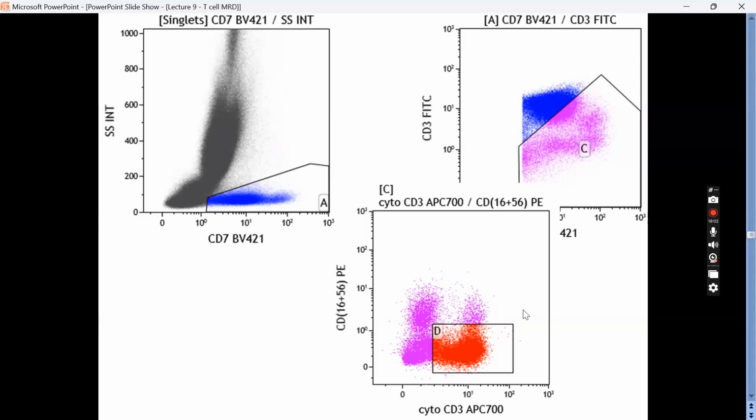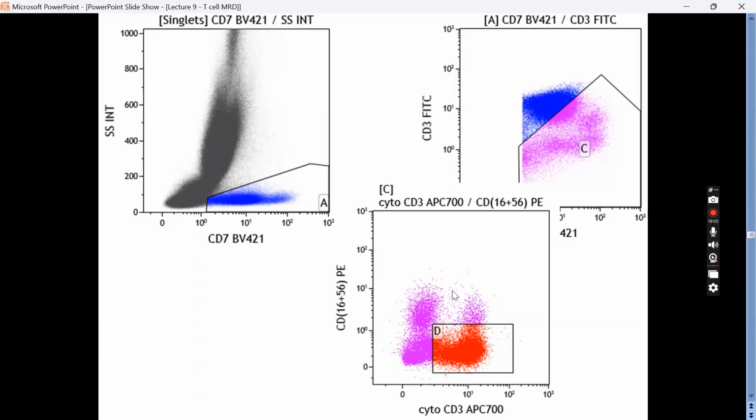T cell MRD can show CD45 bright expression, in contrast to B-ALL, where it is very, very rare to show CD45 bright expression. Okay, so take my point: T-ALL MRD population can show CD45 bright positive.